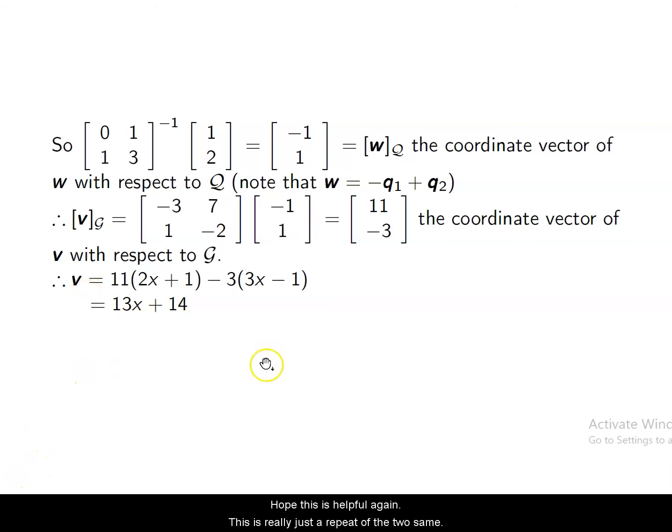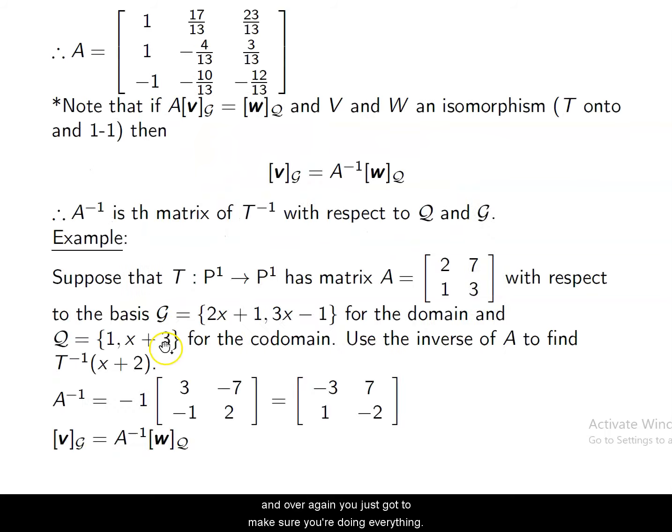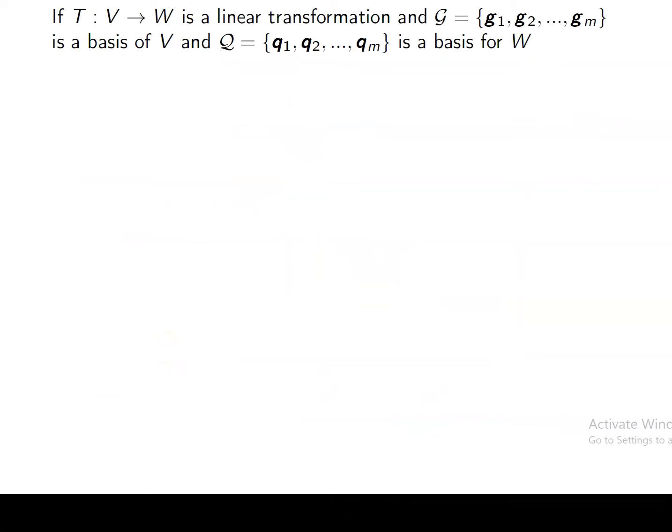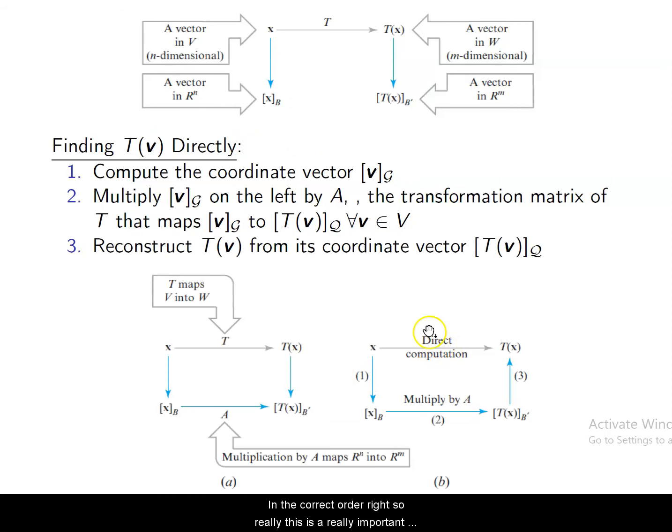Okay, hope this was helpful. Again, notice it's really just a repeat of the two same examples from the beginning of the lecture, repeated over and over again. You just got to make sure you're doing everything in the correct order, right? So really, this is a really important diagram here. As long as you understand what you have and what you need to get to, and that you're following these steps, right?